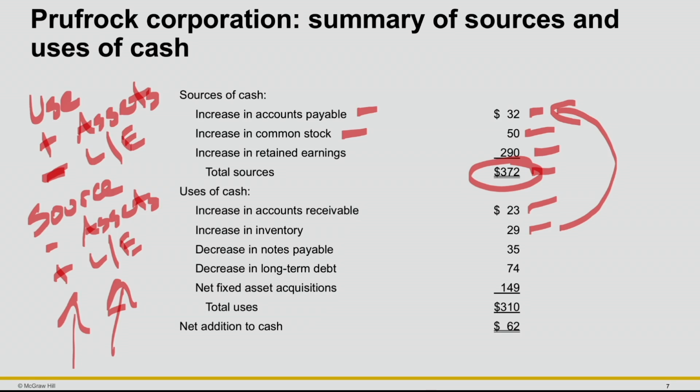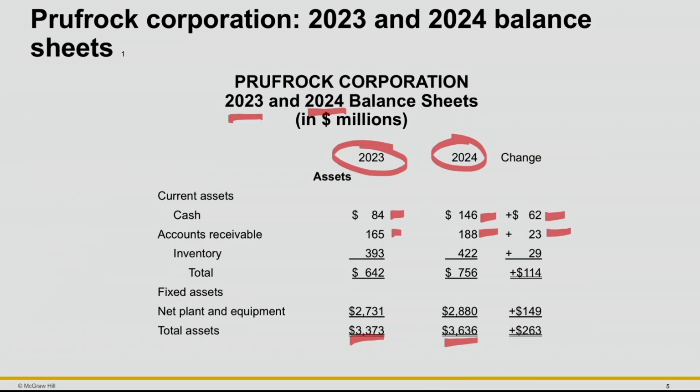And then net fixed asset acquisition. That's an increase of an asset, a long-term asset. So again, that's obviously a use of cash, and that was $149 million. Let's pop back over to the left-hand side just to see where that 149 came from. And yep, there it is, right down here.